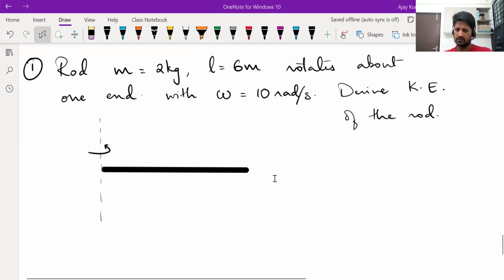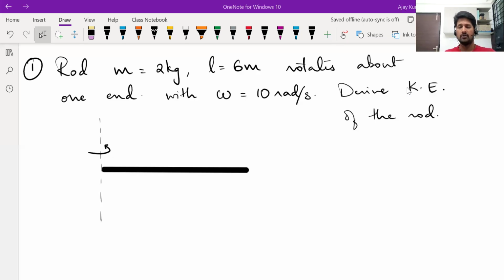Aishwarya, can you unmute? We'll discuss. Yes, sir. So, how is the rod moving? What kind of motion is it executing? Translation or rotation? A rotation, sir. It is rotating. Okay, pure rotation. The axis is not moving. The rod is rotating around that axis.